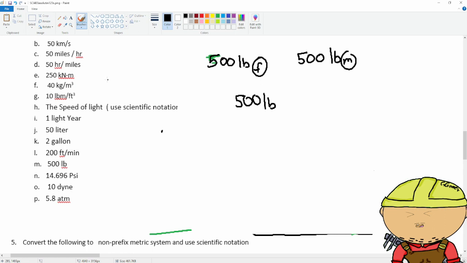In this case only, because there is a given of pound mass on letter G, I have reason to think that this is pound force, because if it's pound mass, it's gonna be inconsistent with letter G. If you guys think it's pound mass, it's okay.